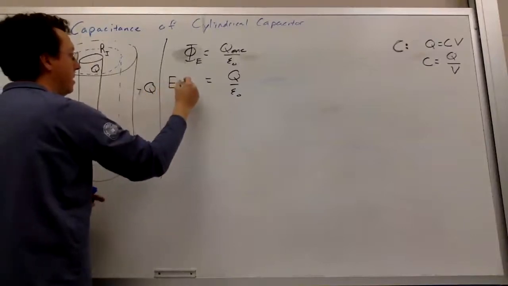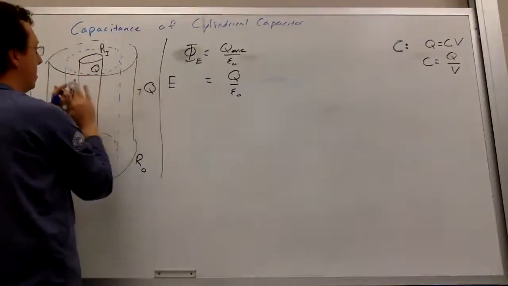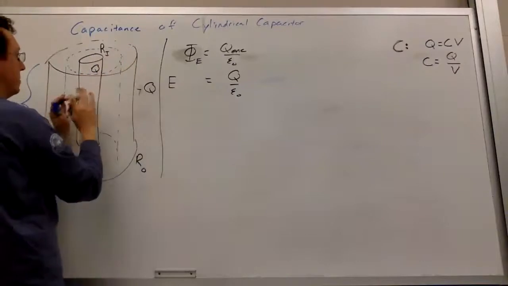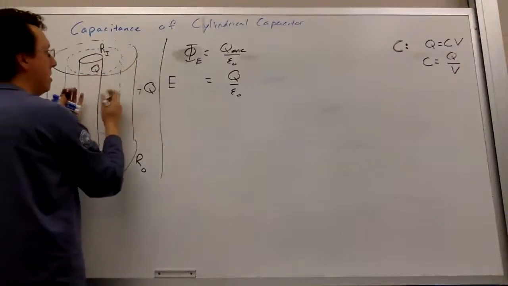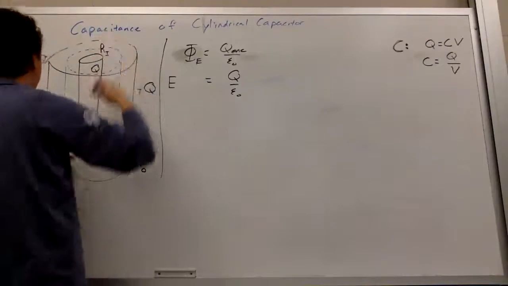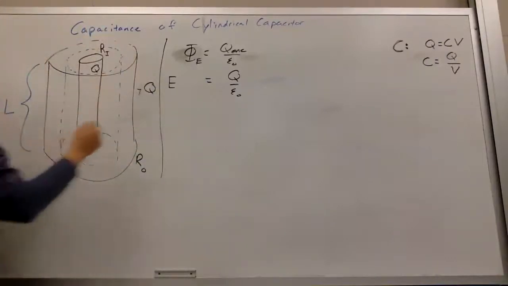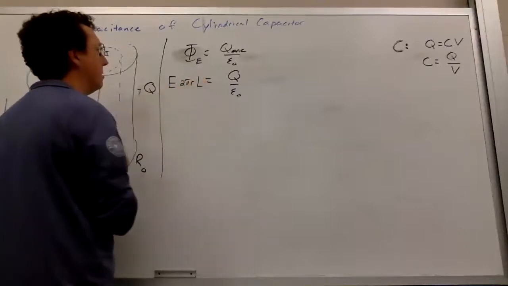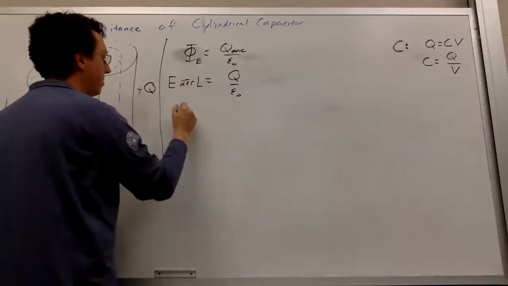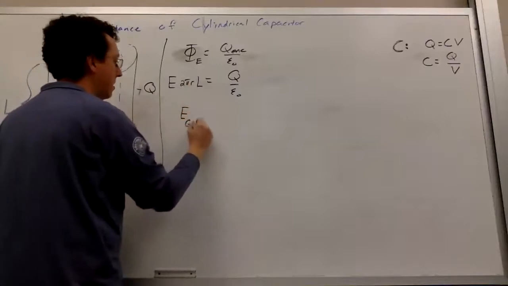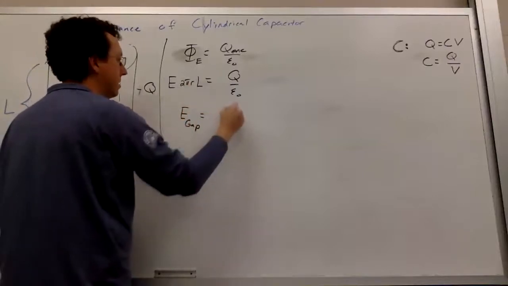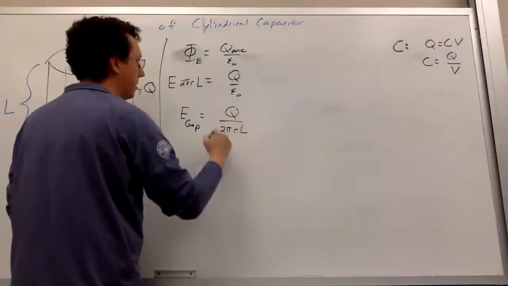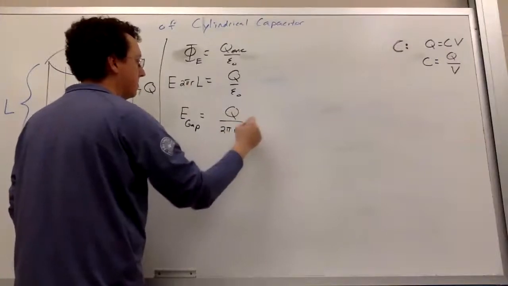So that's going to be 2 pi r, and it should be little r, because that's where the Gaussian surface is evaluated. 2 pi little r times the height of the can, which is L. So that's going to be 2 pi little r times L. And the electric field we find in the gap equals the total charge over 2 pi little r L times epsilon naught.